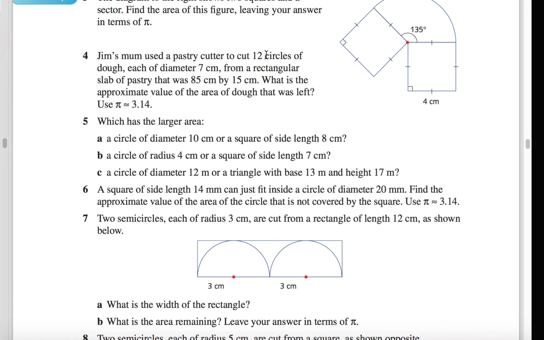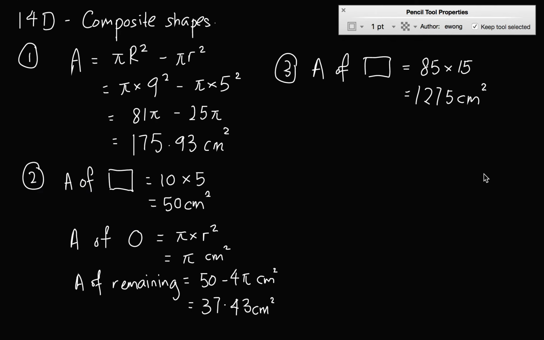And the next part, Jim's mom has cut 12 circles, each with a diameter of 7 centimeters. So let's have a look at a graphical representation. It just means that we have circles with the diameter, that should really pass through the center of the circle. So a diameter of 7 centimeters.